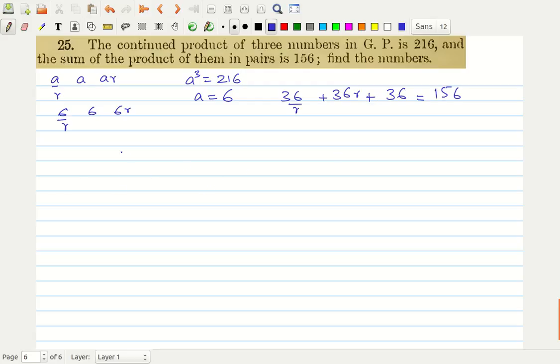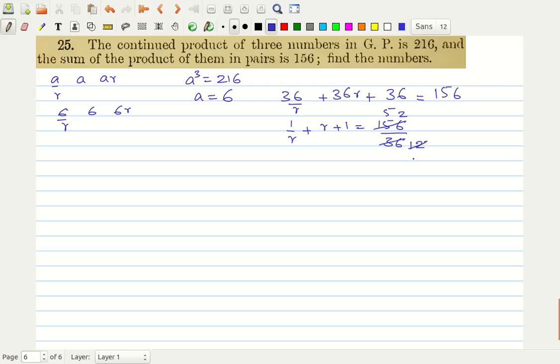So from here, if you divide the expression by 36, you get 1 by R plus 1 plus R is equal to 156 by 36. So let us try to divide it by 3 first. So this becomes 3 times 12, and this is 3 times 52.